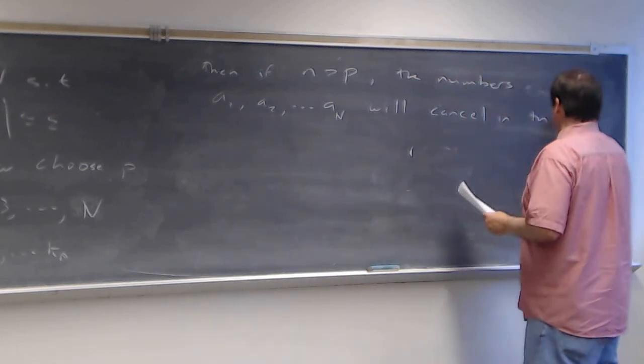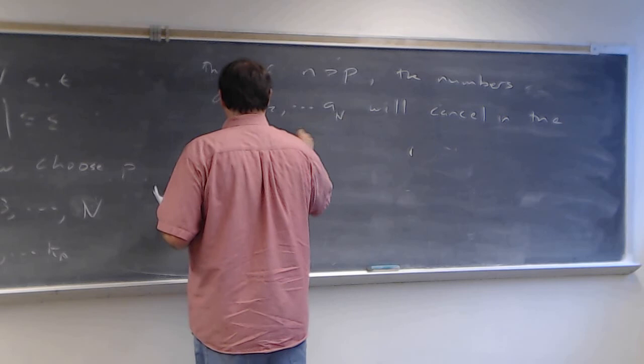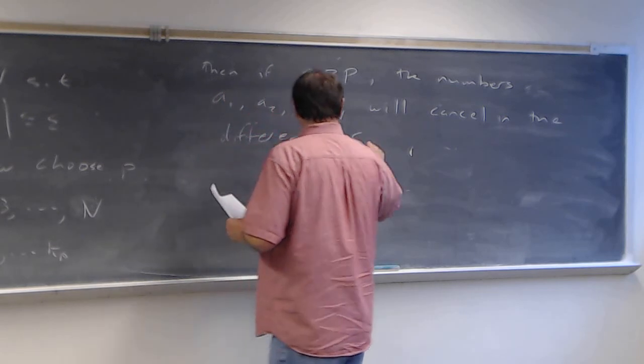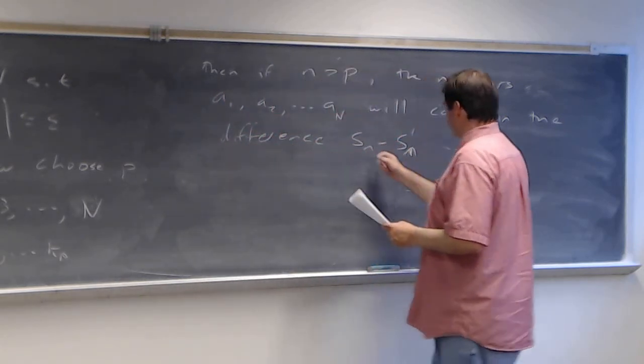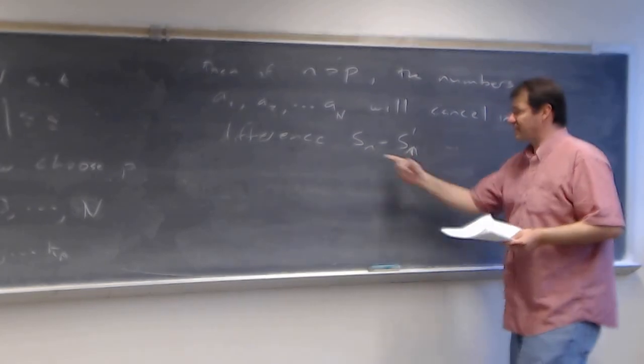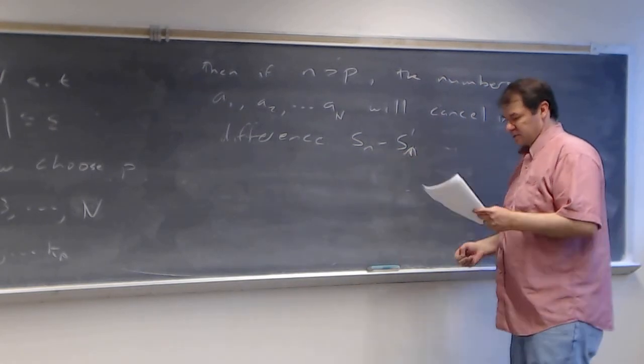And the difference is S of n minus S of n prime. So this is the partial sum for the original statement of the series. This is the partial sum for the rearrangement.